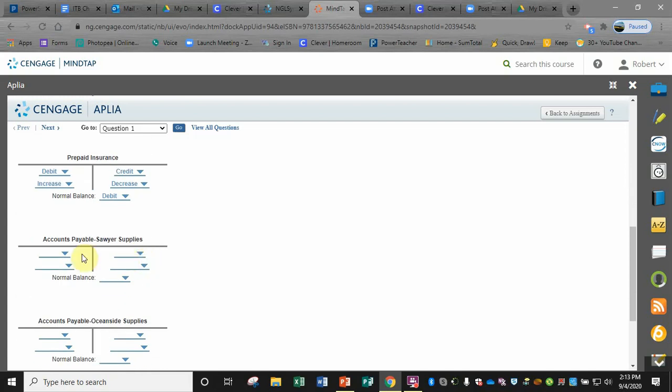So now we've got our accounts payable. Our accounts payable is on the other side of the equal sign. It's over there with owner's equity. So in our T-chart, it's still going to be the same here, debit and credit. These never change.